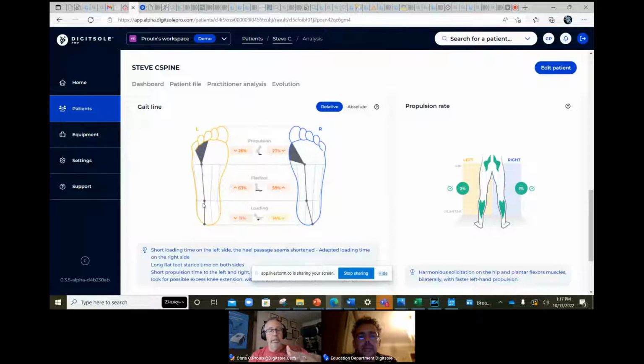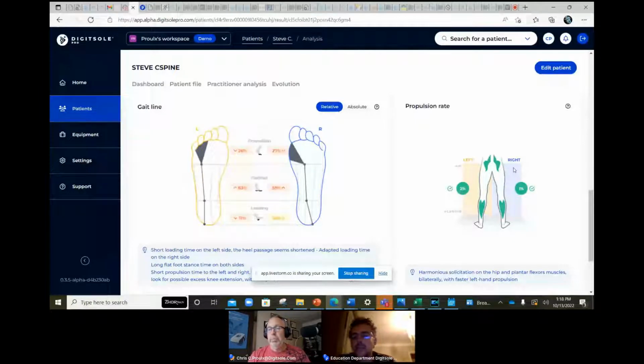So he's staying on the outside of the foot, and he is performing his propulsion or toe off on the lateral aspect of the foot. And what we'll see is that's also going to influence some other characteristics of your walking profile. In other words, there's only certain ways that you could actually accomplish that, which means that you're going to have to compensate for that, have a strategy in some of these other areas.